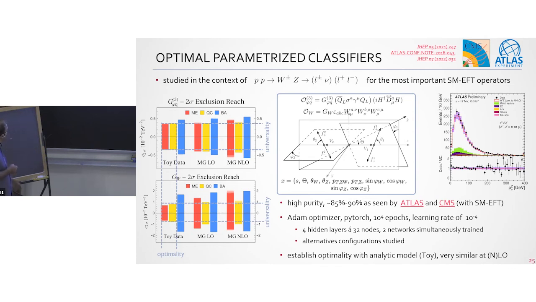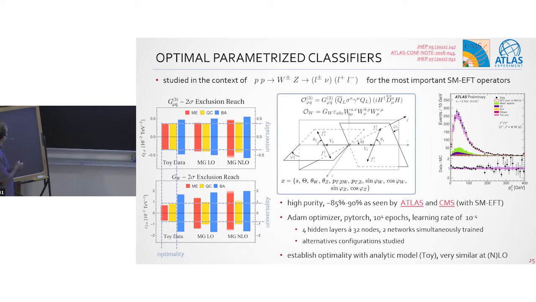Well, then one can assess the optimality, because you've learned the optimal test statistic in toy data. In toy data, you can control everything. You can obtain the best toy limit, the theoretical optimum under some assumptions that you make. And you can correct me if I misread it, but I believe the theory optimum is the red contour, and the toy data is extremely close, is the yellow.